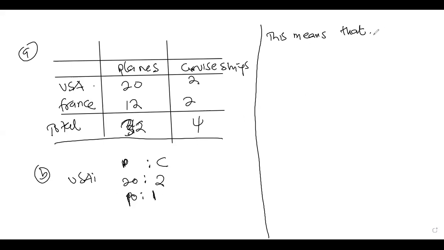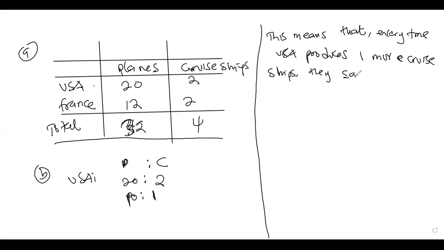So this means that every time the USA produces 1 more cruise ship, they sacrifice 10 aeroplanes. So 10 planes. Yes, because it is 1 cruise ship to 10 aeroplanes.